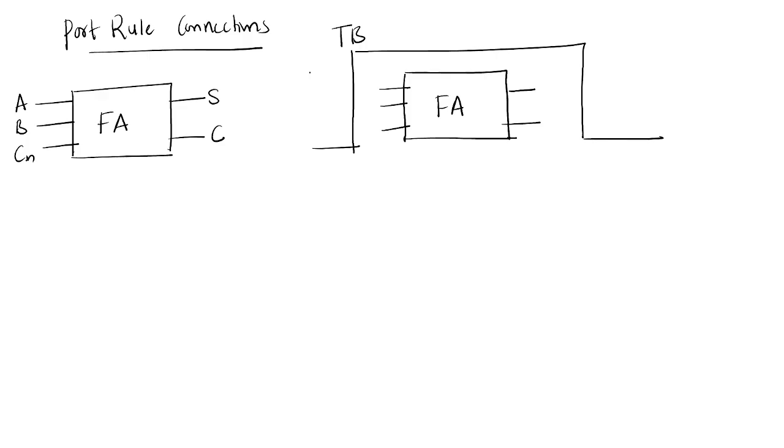For the test bench also you are giving some inputs. The design has inputs A, B, and C in, and sum and carry. For the test bench you are giving A underscore TB, B underscore TB, C in underscore TB, and outputs S underscore TB and C underscore TB.